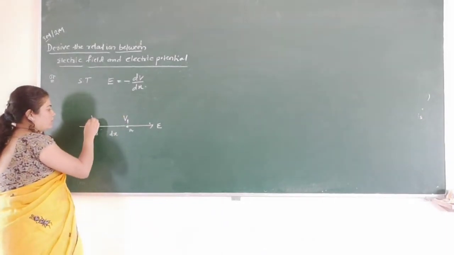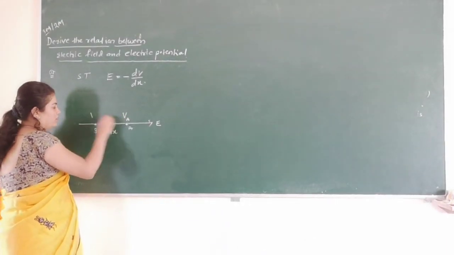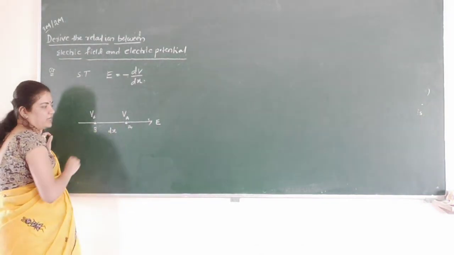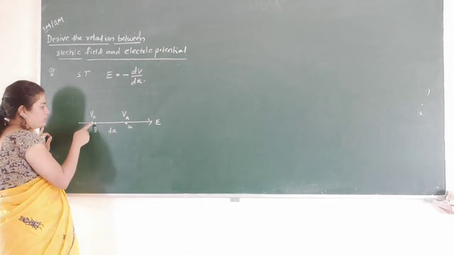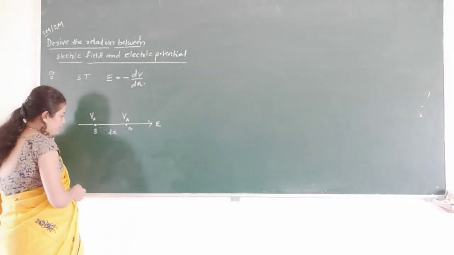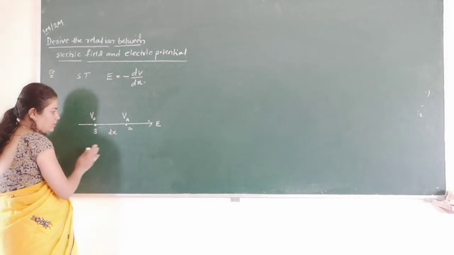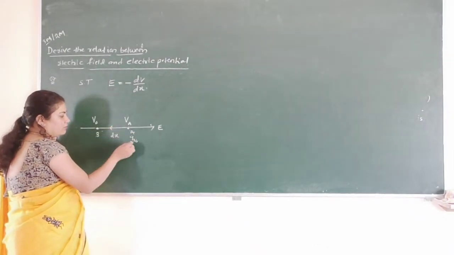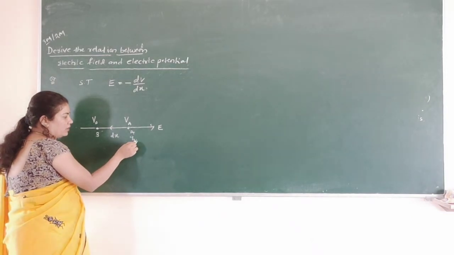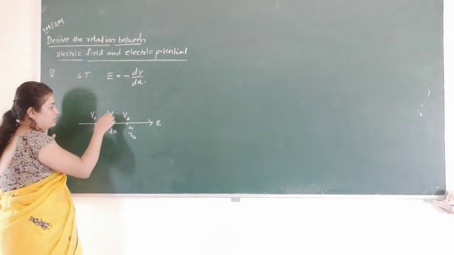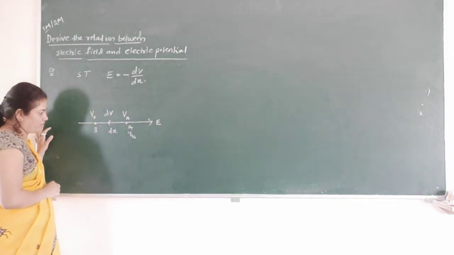Potential here is VA, and here the potential is VB. VB is greater than VA because the source charge is near B and A is farther. If you move a test charge from A to B, then there will be work done. There will be a difference in potential.